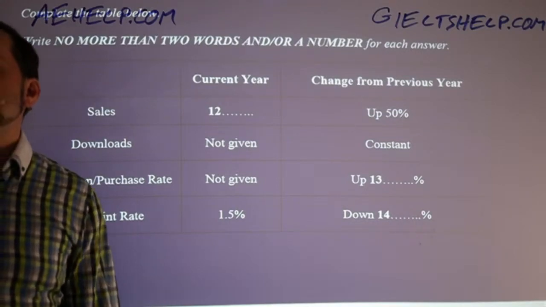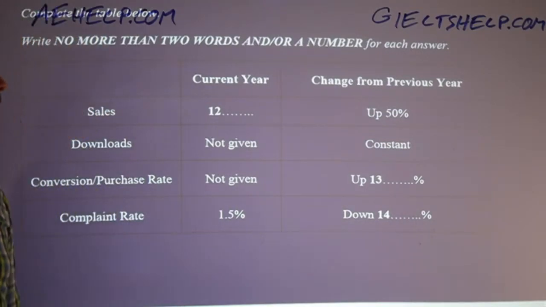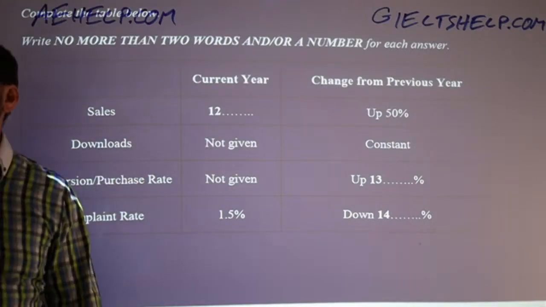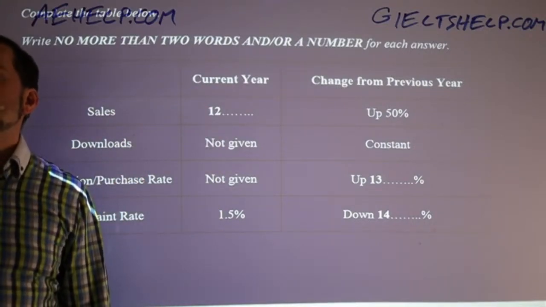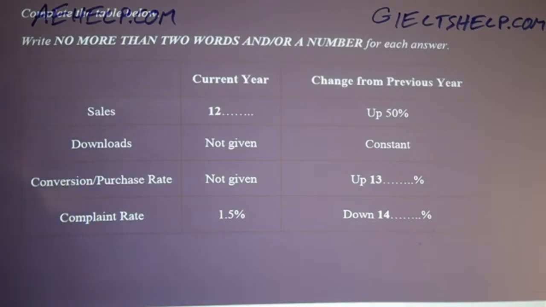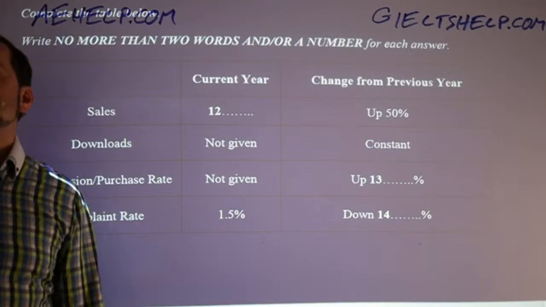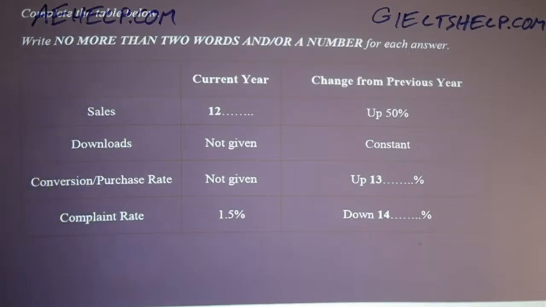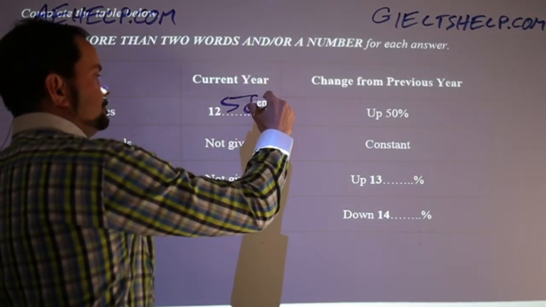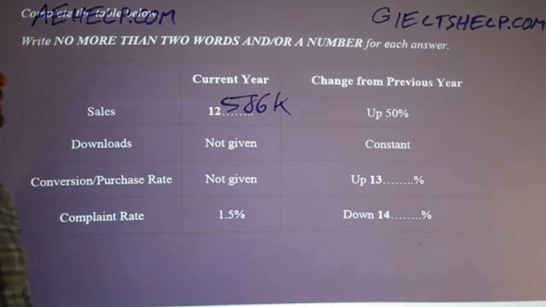Tanush says 2.5. 2.5 definitely not. So how much sales did they have? Amu says 5,680. Mohit says 586,000 units. Yeah, Carolina agrees. 586,000. Yeah, that's all you need.